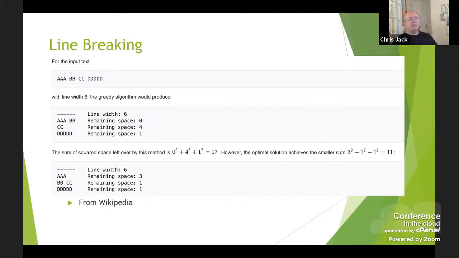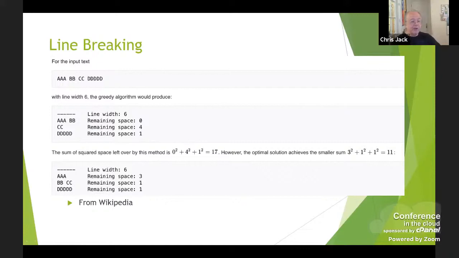So the top example here shows what Word might do for a 6-space column. He instead preferred to do spaces over the entire paragraph, so he wanted to minimize the square of the space left over at the end of the line. So you'll see here what's happened is that instead of having a 0, a 4, and a 1, which has a large discrepancy in the number of spaces of 4, he's reduced the discrepancy to 2 by moving the BB onto the next line.